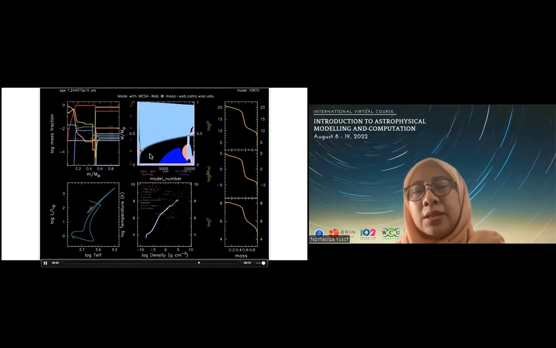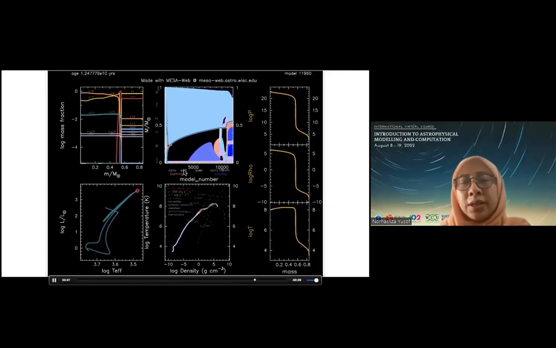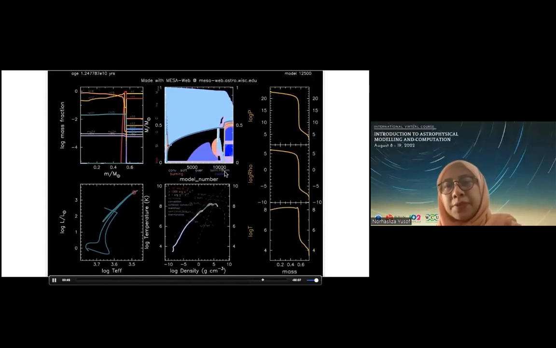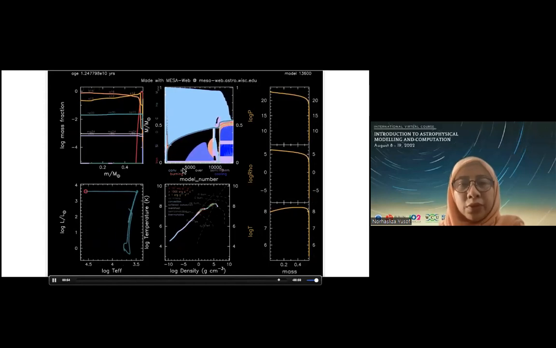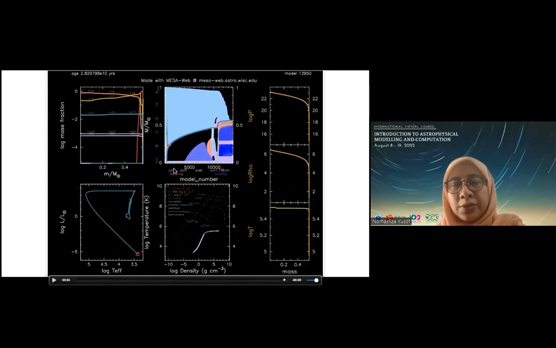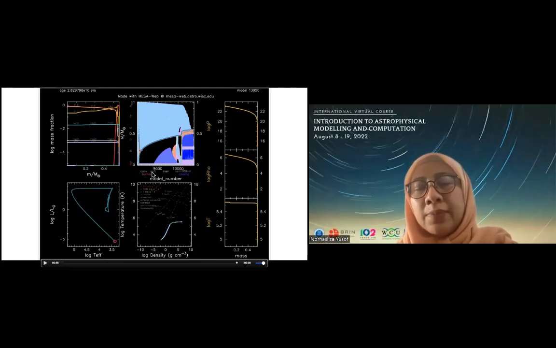From here, we can see how our core evolves with time before it collapses, meaning the star eventually will collapse, either becoming a white dwarf or a neutron star. You can see there is iron, silicon, oxygen, carbon, helium, and this is the total. The total mass goes from 0 to 1 for one solar mass, and this is where time evolves.